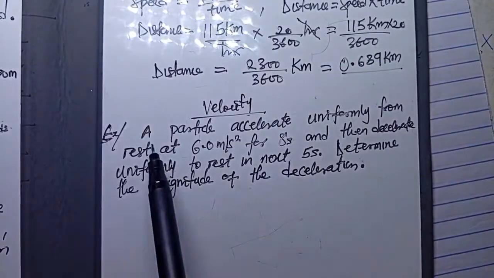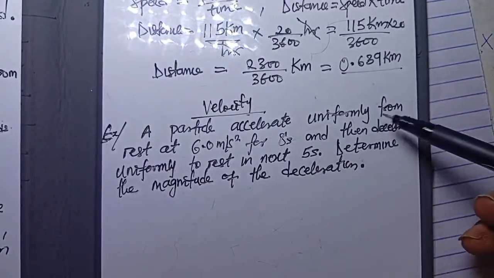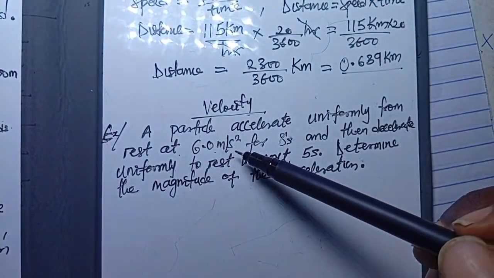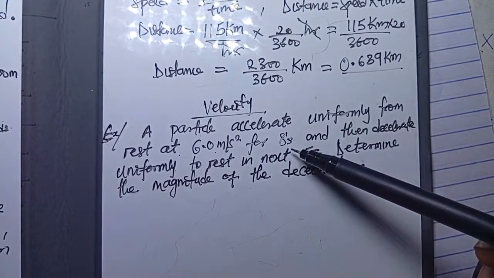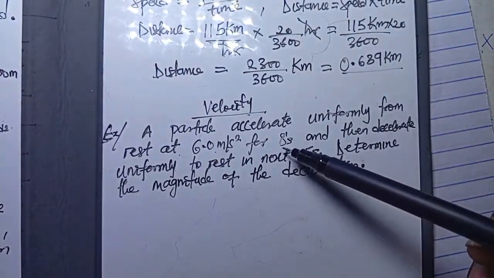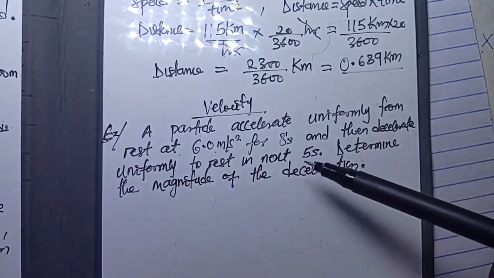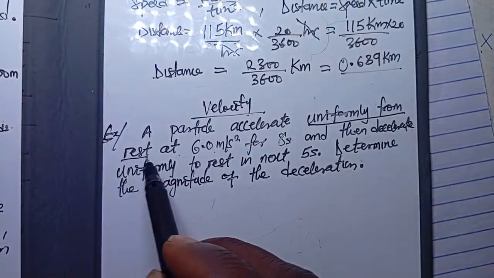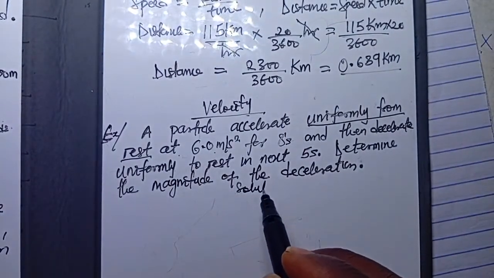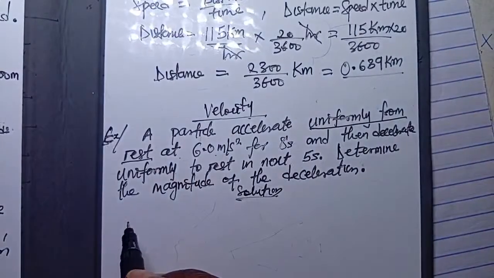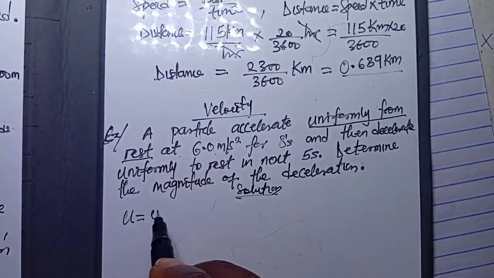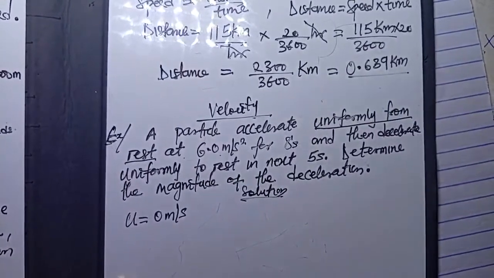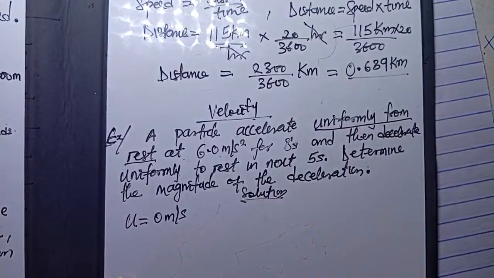In physics question, a particle accelerates uniformly from rest at 6.0 meter per second square for 8 seconds. Now, uniformly from rest, the meaning is this: U is equal to 0 meter per second. That's just the meaning.